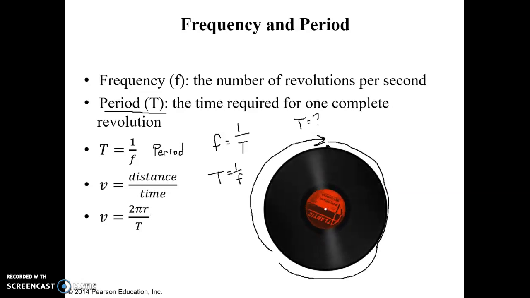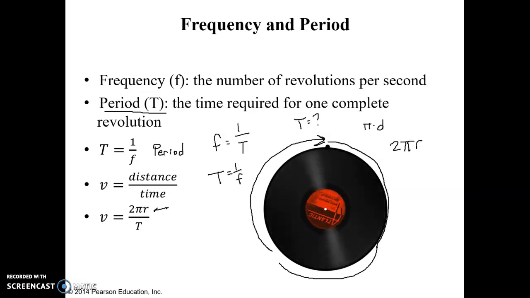If you were sitting right on the edge of this record and you went all the way around, what would the distance traveled be? Well, for a circle, the distance would be the circumference, which is equal to pi times d, the diameter, and diameter is 2 times the radius. So we can also describe that as 2 pi r.